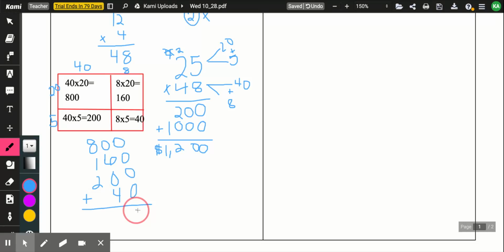All zeros in the ones place. 0 plus 6 plus 0 plus 4 would be 10. We have 8, 9, 10, 11, 12. So I got the same answer when I did the standard algorithm because they're both the same.